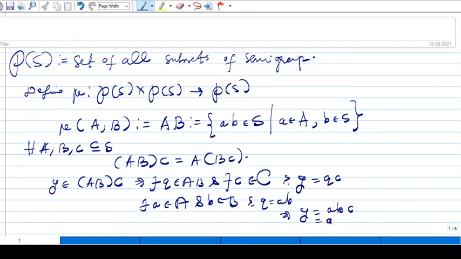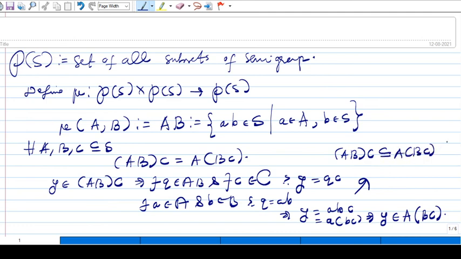Then we can write a(bc). This proves that y belongs to A(BC). So this proves one inclusion: (AB)C is a subset of A(BC). In a similar way, you can prove that A(BC) is a subset of (AB)C, which proves our claim.